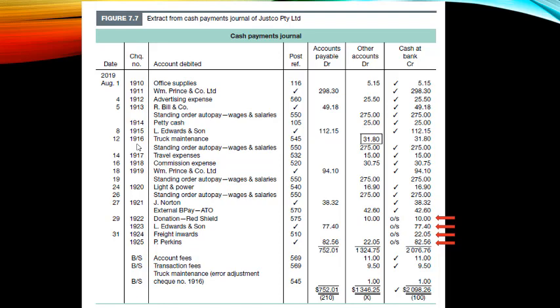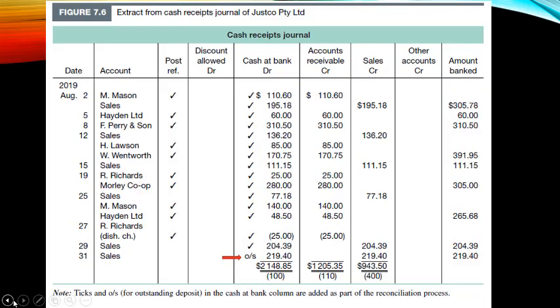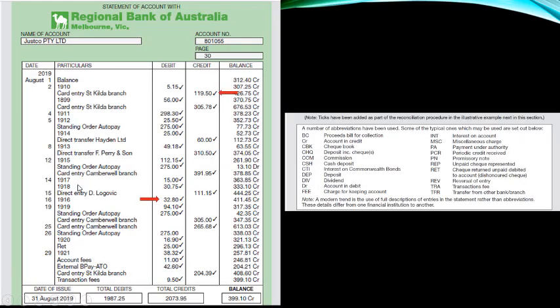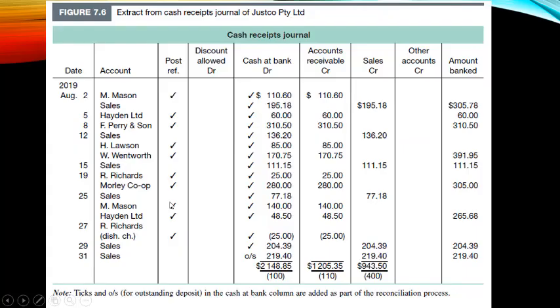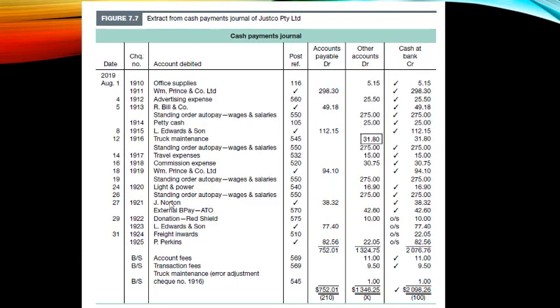We'll return to the previous slide. Check number 1916 is for $32.80. We found out that this is an error that we committed, which is why you have an adjustment here.